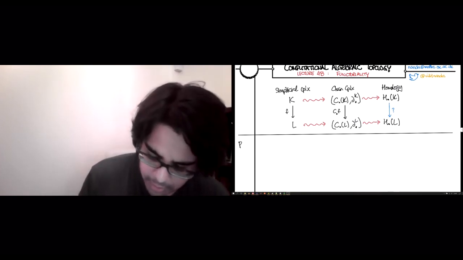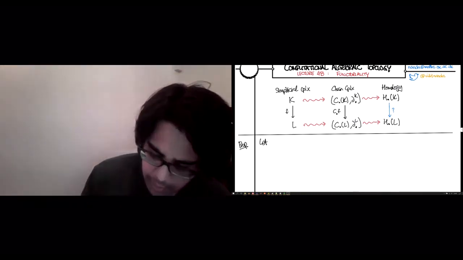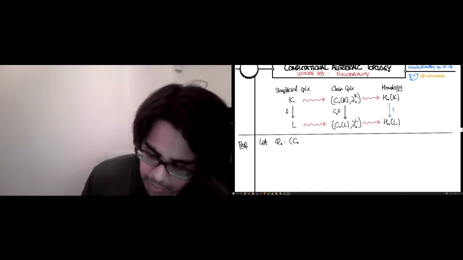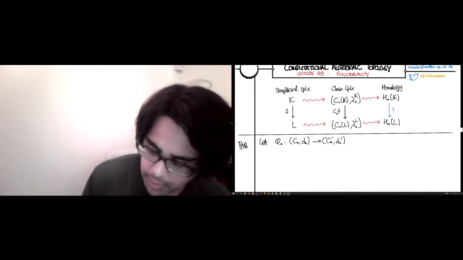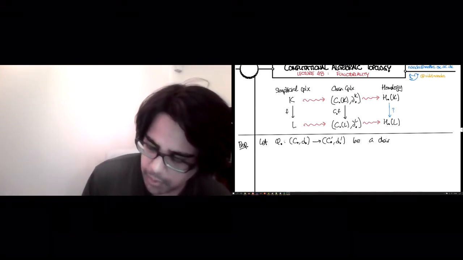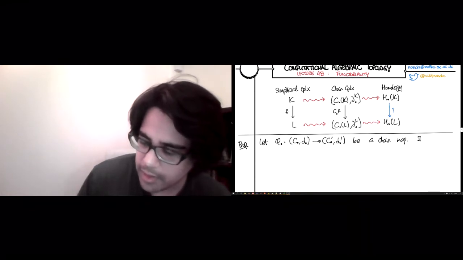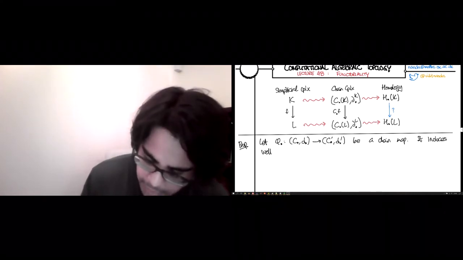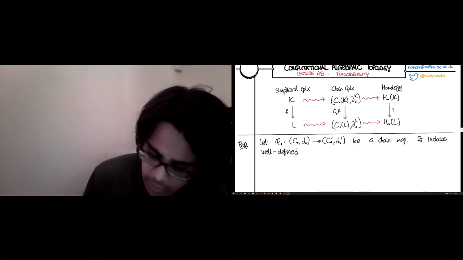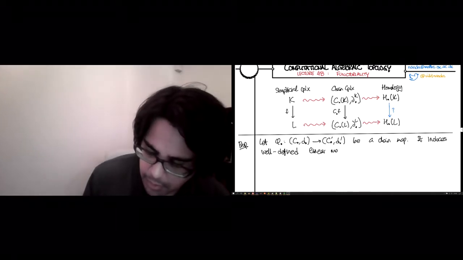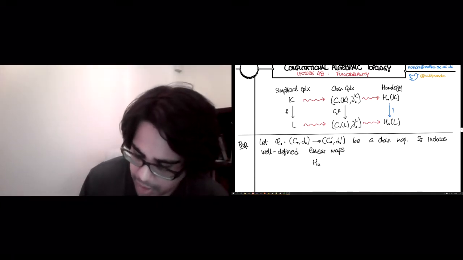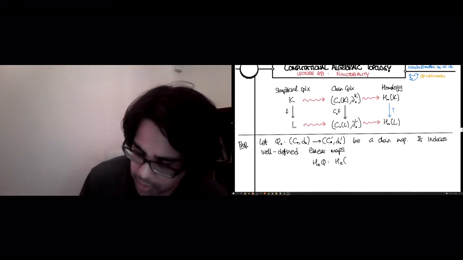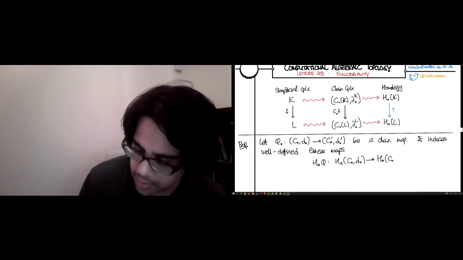Here is the result. If you let phi be a chain map between two chain complexes, which I'm going to write as C and C prime, then it induces, by it I mean this chain map phi, well-defined linear maps, which I'll call H_k phi, going from the homology of the source chain complex to the homology of the target chain complex.